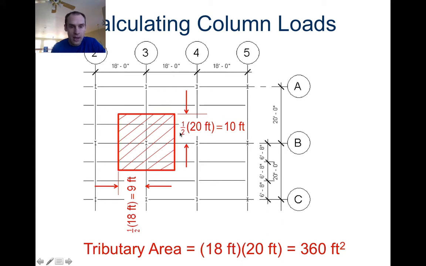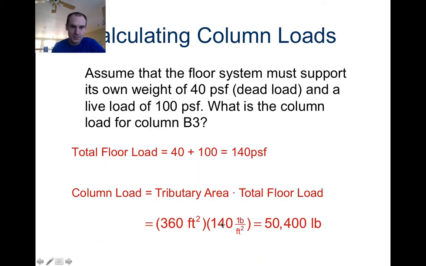And this distance is 10 feet, half of 20, and then 10 feet down here, half of 20. So we end up with 18 by 20, which is essentially just this length and this height, but we're cutting it in half because we're going in the middle. So we have a tributary area of 360 square feet, so make sure you note calculating column loads. This is how you calculate a column load.